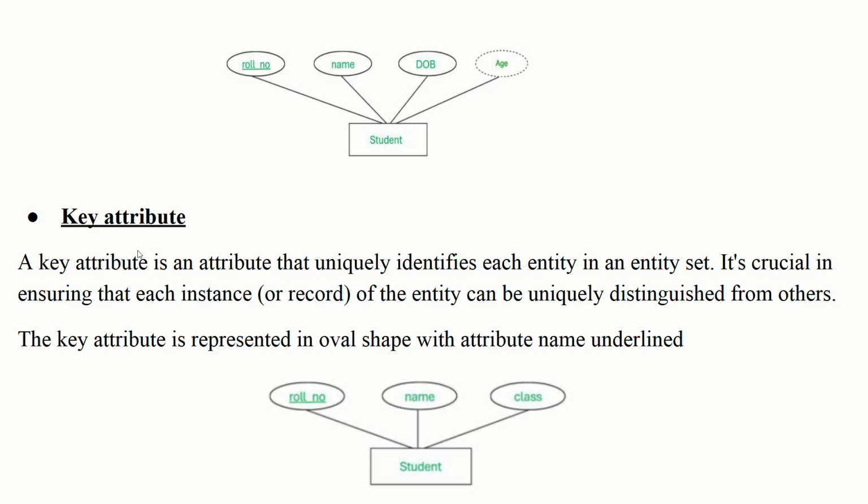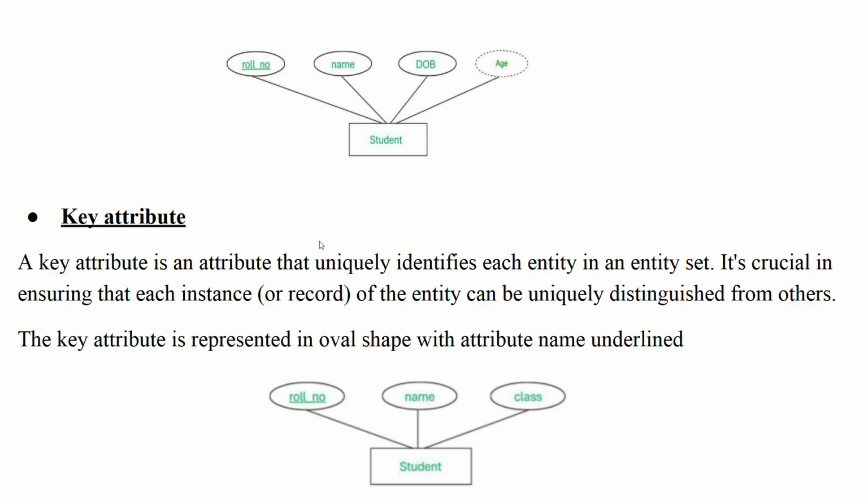Now the last one is the key attribute. A key attribute is a particular attribute which is a primary key. In this example it is very clear that roll number is a primary key and it should be underlined. Then only we will be able to understand that the table has a primary key. This is just an ER diagram for a single table; we are not connecting with another table.